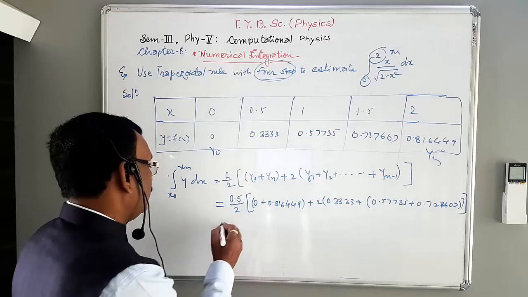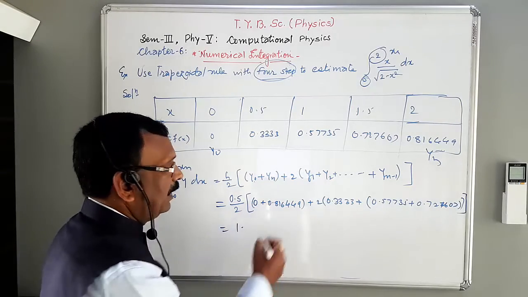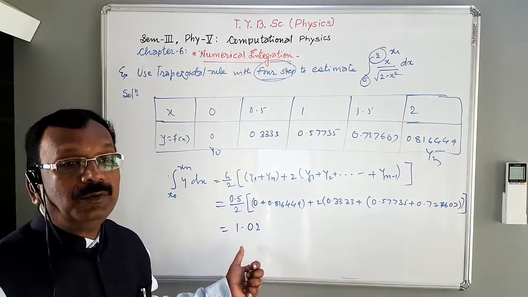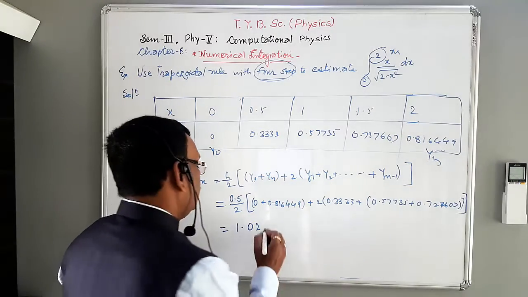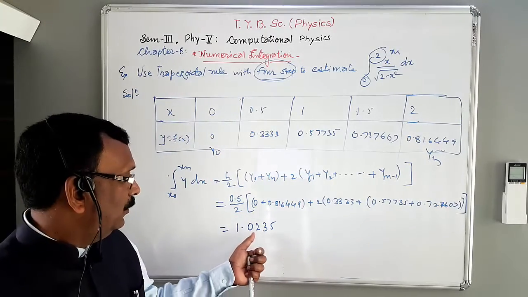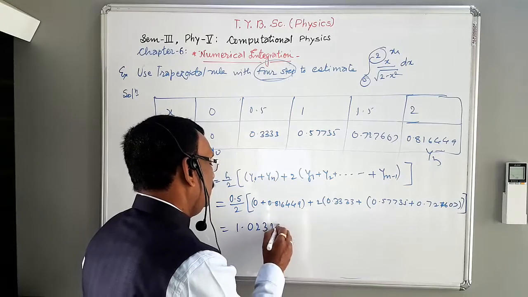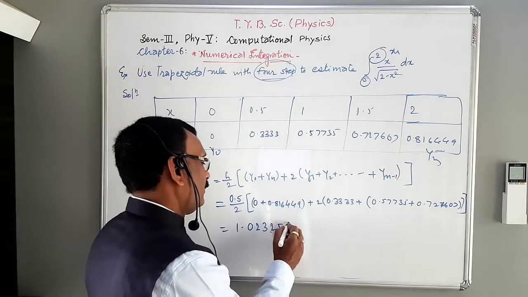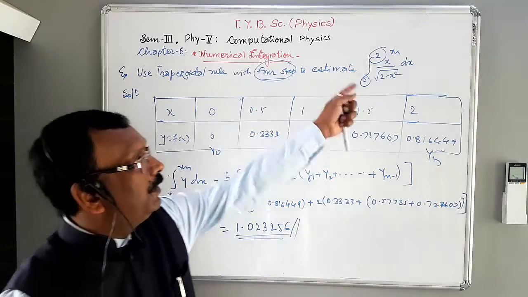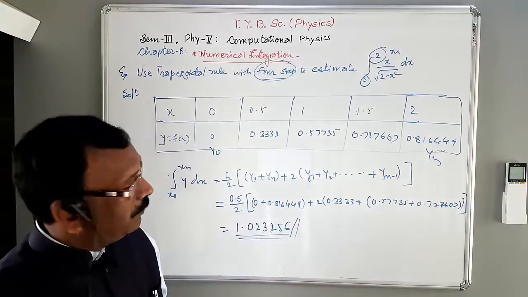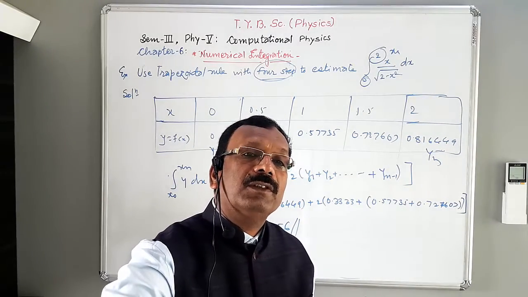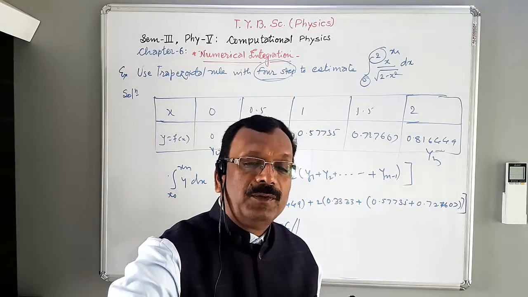After making the calculation we get 1.02356. This is the estimated value of this integral. Now, I will provide you a number of homeworks on our WhatsApp group.